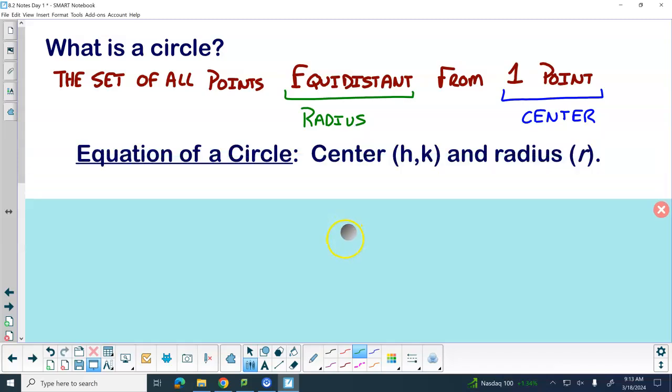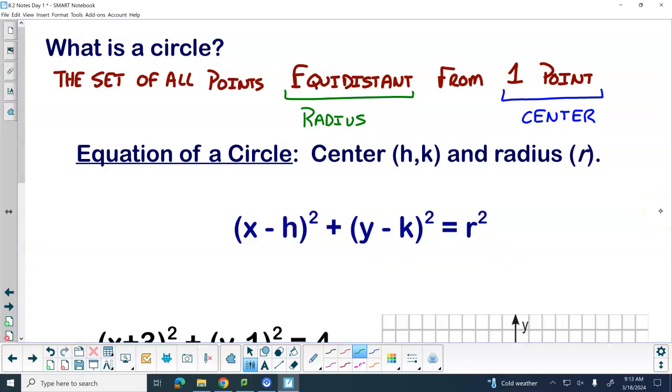Okay? So the equation of a circle that has center (h, k) and radius r can be given by the equation (x minus h) squared plus (y minus k) squared equals r squared.